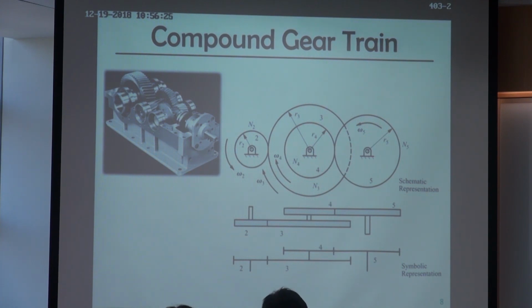You can still write the same expression because these two are just a pair of external gears, so you still have this relationship. And the same, gear 4 and gear 5 are just a pair of external gears, so you can write a similar form. Omega 5, omega 4.